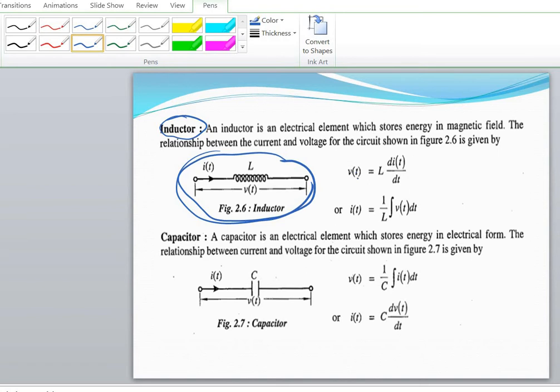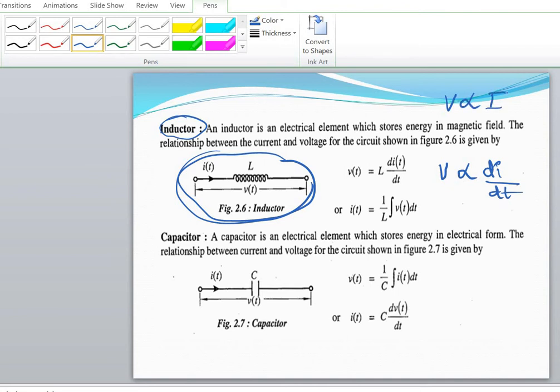Then V of t is equal to L into di by dt, or the voltage is proportional to the differentiation of the current, whereas in resistor voltage is proportional to the current.